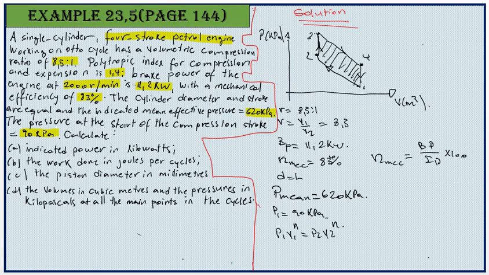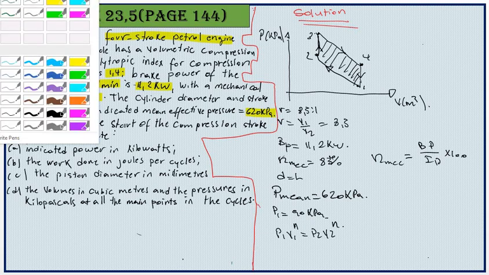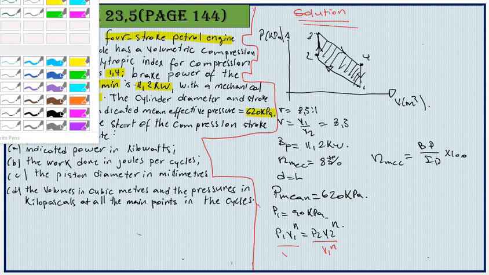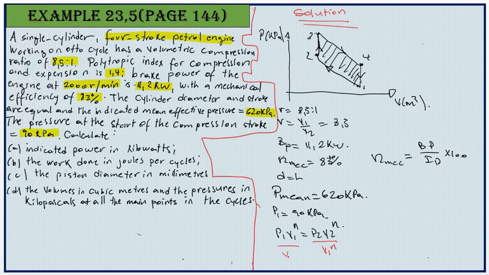To get P2, I need to divide both sides by V1 to the power of n, and on this side we can simplify these two.